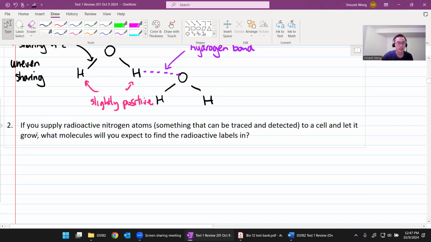Number two, if you supply radioactive nitrogen atoms, which is something you can trace and detect, to a cell and let it grow, what molecules will you expect to find the radioactive labels in? Basically, this question is asking you, where do you find nitrogen in different macromolecules? So let's list them out.